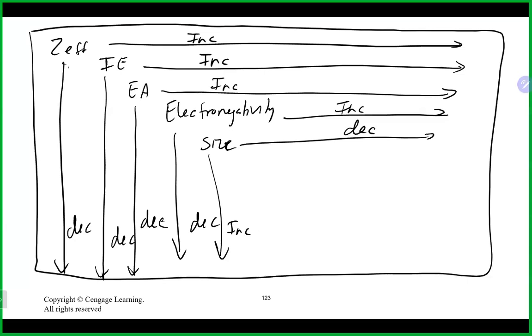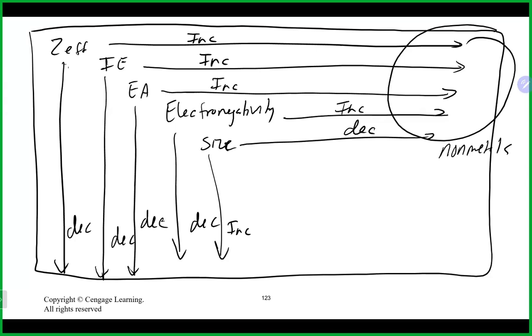So when we look at all these periodic trends together, it does make sense when we look at the upper periodic table. That is where we find our nonmetals. Our nonmetals have a higher effective nuclear charge, which brings everybody closer to the nucleus and results in a smaller size for the atom.